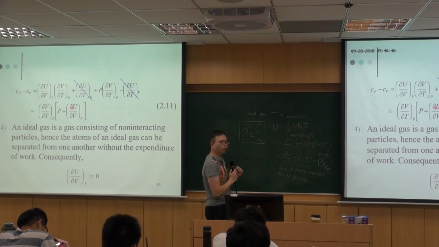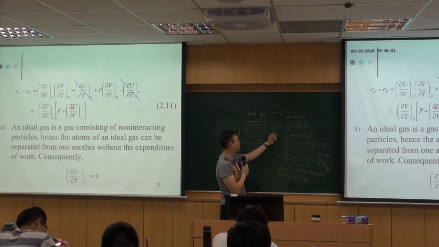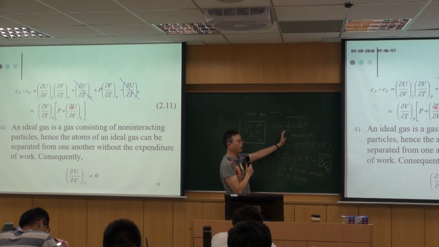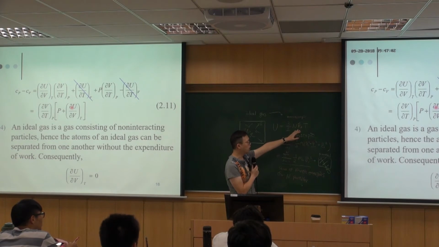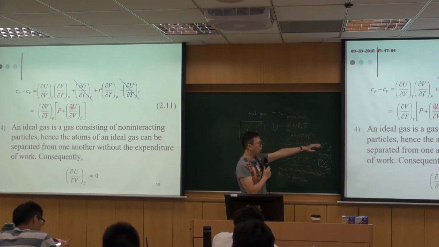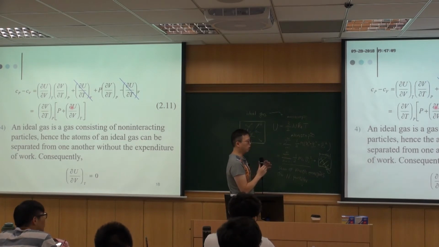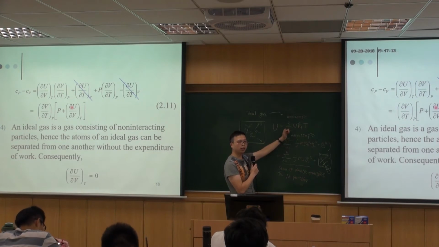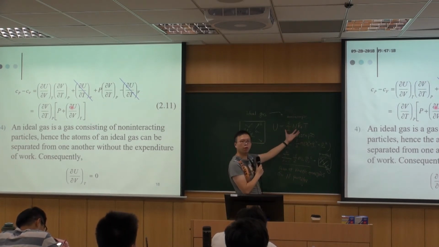Or in another way, if we already know that the macroscopic expression of internal energy is only dependent on the temperature of the system, then when we fix the temperature, this term should be a constant, right? Because this is the particle number, which is also a fixed number.